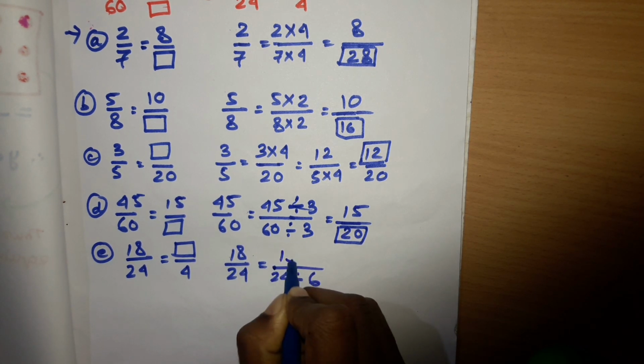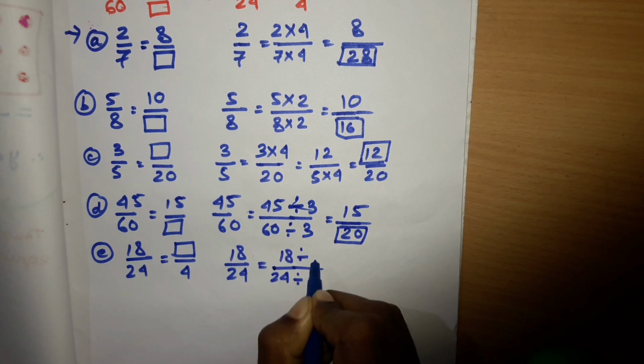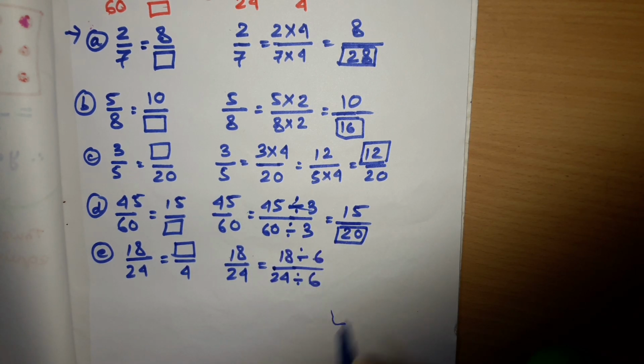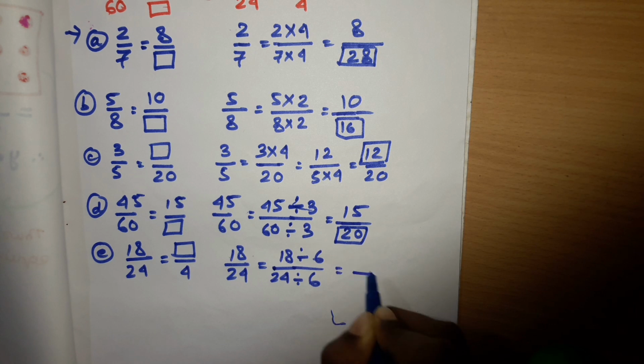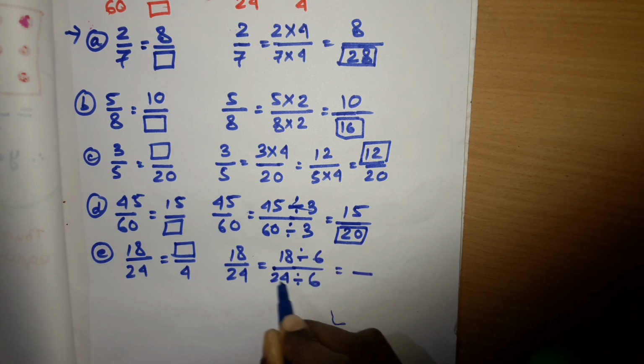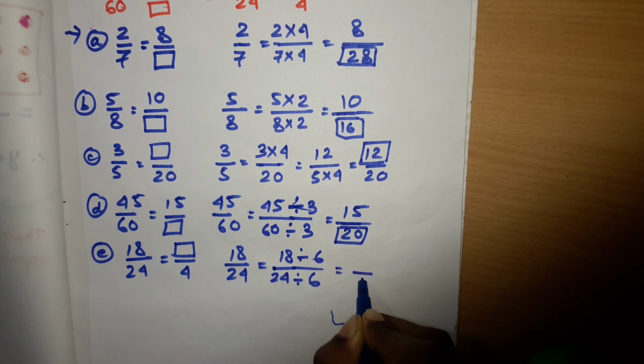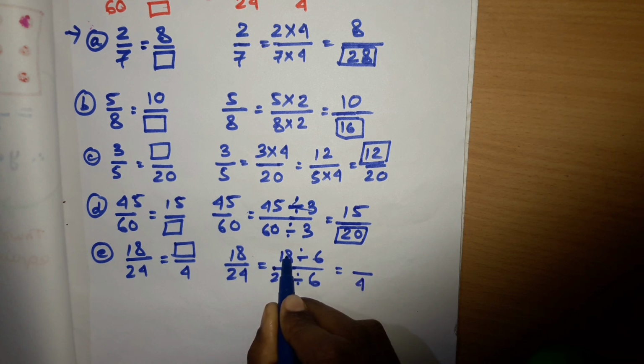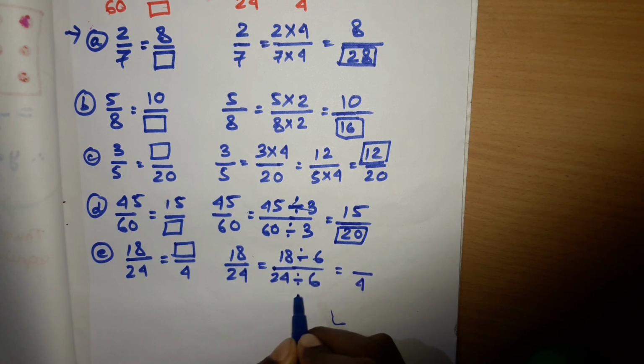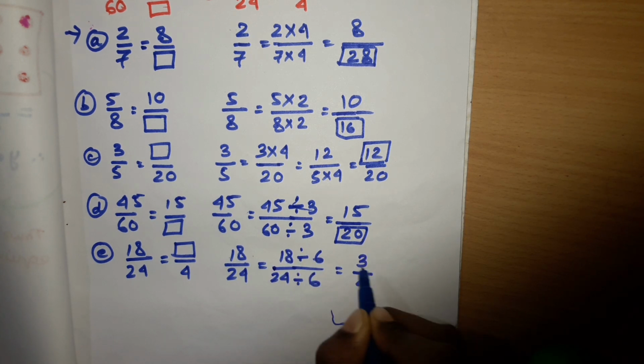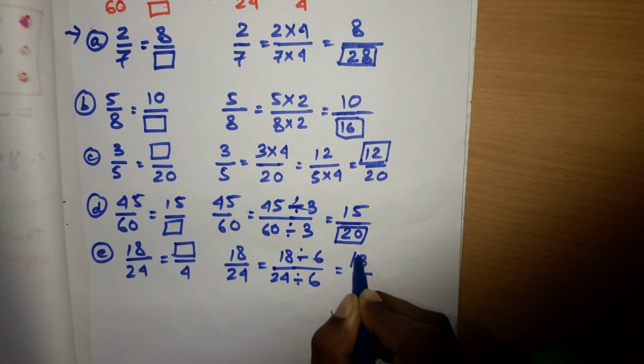At the same time, I have to divide 18 by 6. If I divide 24 by 6, I will get 4. And if I divide 18 by 6, I will get 3. So 3 is my answer.